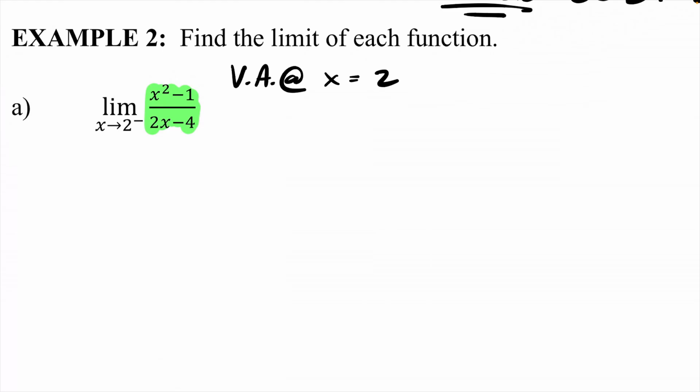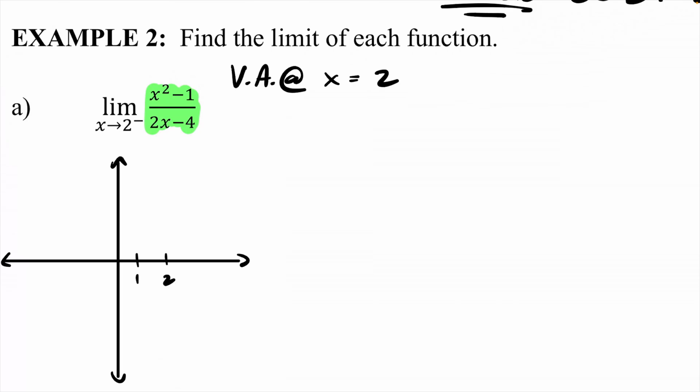Okay, so let me draw a little picture, kind of like I did for the last one, 1C. I'm going to draw a little sketch. That means +1, +2, +3, -1. So that means at +2, there's a vertical asymptote like that, right?